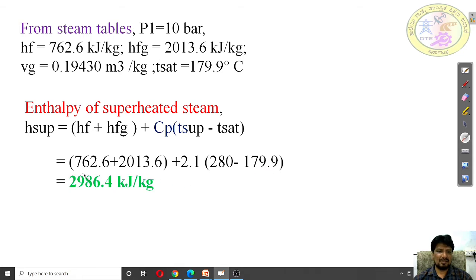After calculation of this, you will get 2986.4. This is the value of enthalpy of superheated steam.